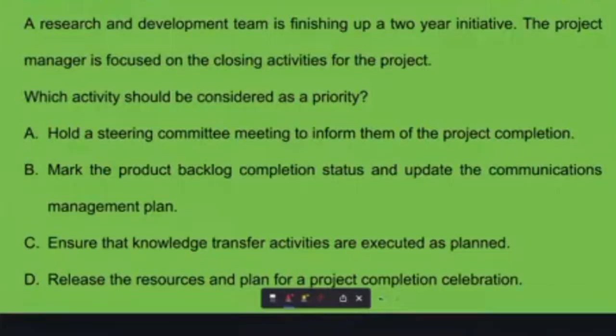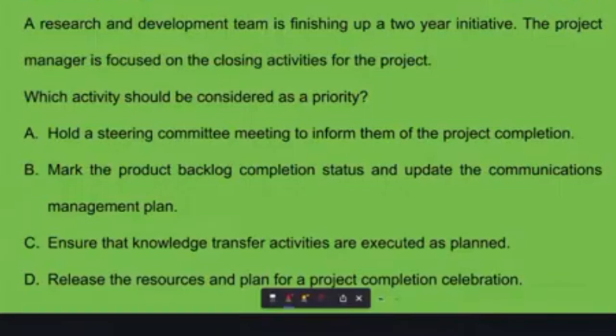It's question number 16. A research and development team is finishing up a 2-year initiative. The project manager is focused on the closing activities for the project. Which activity should be considered as a priority? The options are: A. Hold a steering committee meeting to inform them of the project completion.